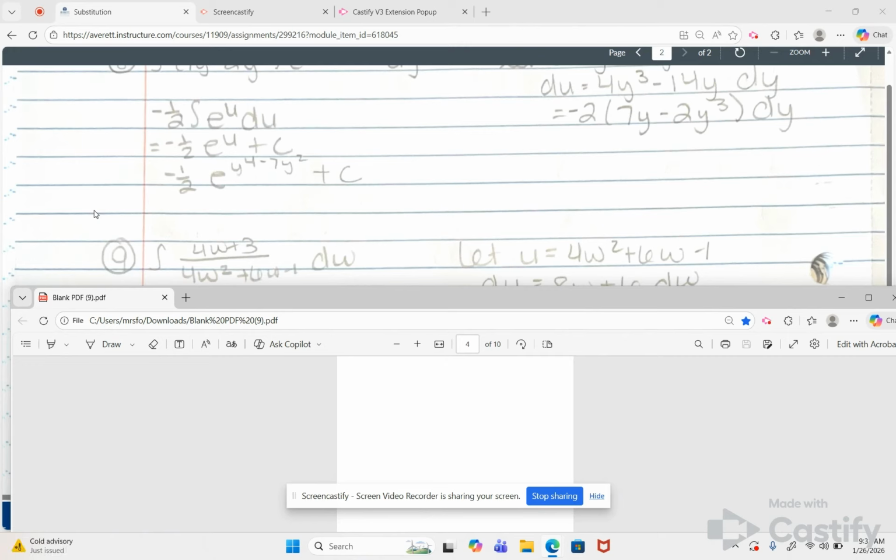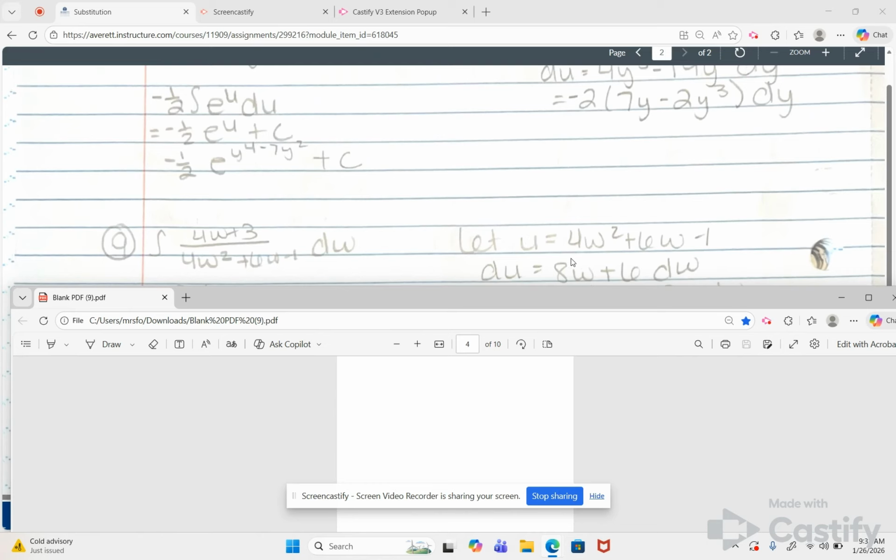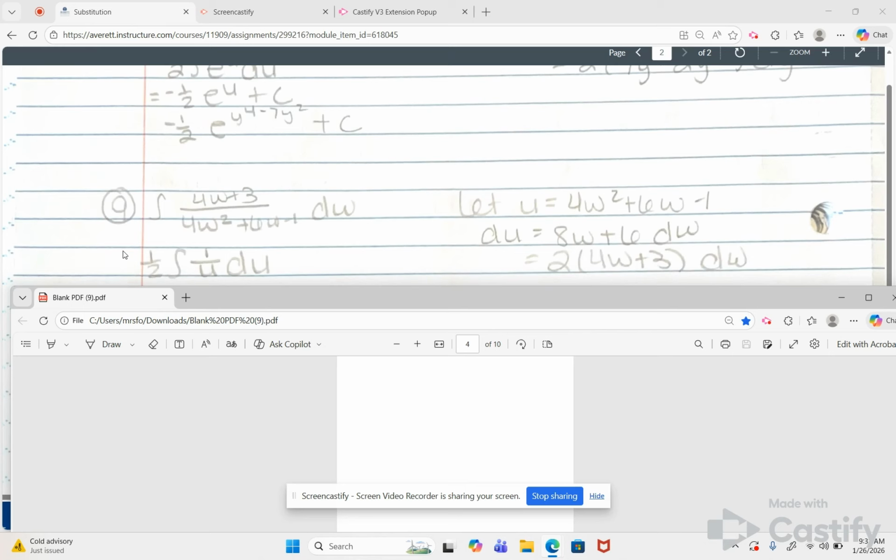We're more likely to get that. So I'm going to use my u, the denominator is my u, and then take the derivative. So the derivative will become 8w plus 6 dw. So I don't have an 8w plus 6 here, but I can easily say 4 times 2 gives me that 8. So if I pull out a 1/2, I'm left with 1 over u du.